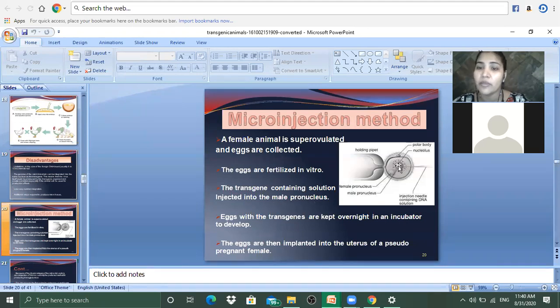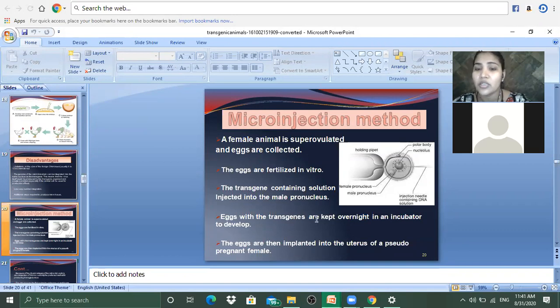You have the female pronucleus and the male pronucleus in the egg, and the male pronucleus is where the transgene solution is injected. You can see a fine needle here inserting the transgene solution into the male pronucleus.